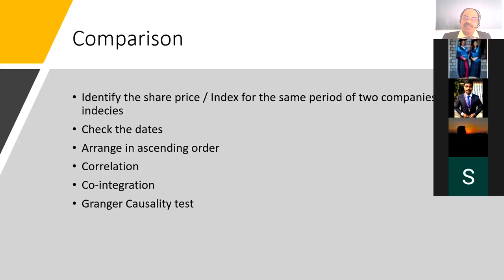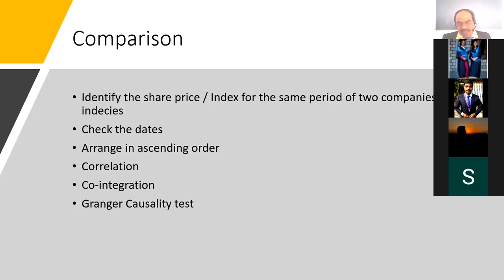Granger causality means, for example, ICICI Bank share price is increasing. Why is it increasing? Whether it will reflect in the Bank X. Bank X means like the Sensex. In BSE, they have the Bank X, which shows a group of banking company share movements.